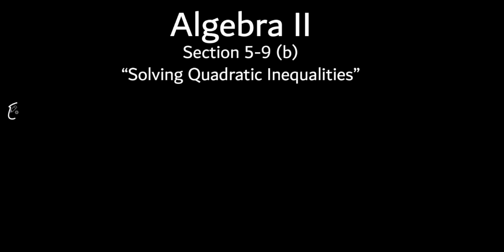All right, so here it is. This is example 3. And we're solving for x. These are inequalities, remember? So it's x squared plus 2x minus 5 is greater than or equal to 0.